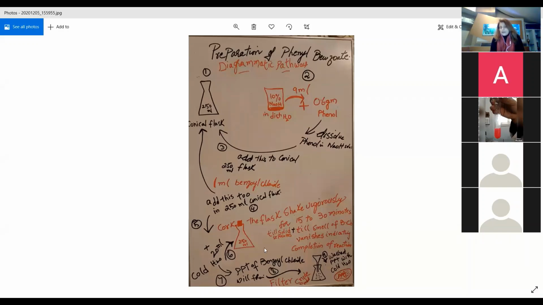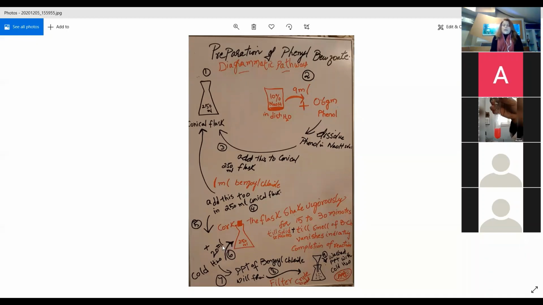Here I've written: shake vigorously till solid separates and till the smell of benzoyl chloride vanishes, indicating completion of the reaction. Okay, fine. So this was step number 6.